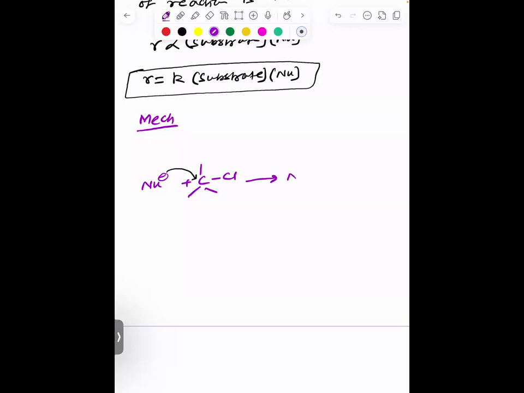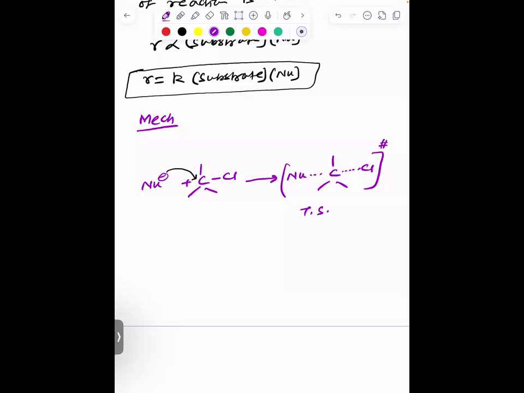It starts making a bond with carbon, and simultaneously the bond between carbon and leaving group becomes weaker. Under this condition, this is known as the transition state.